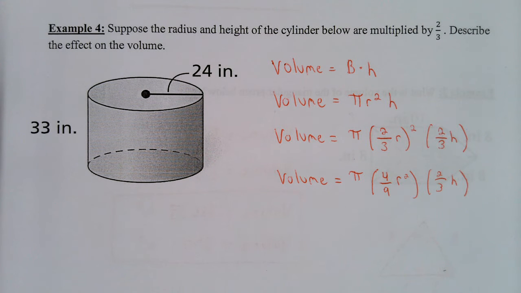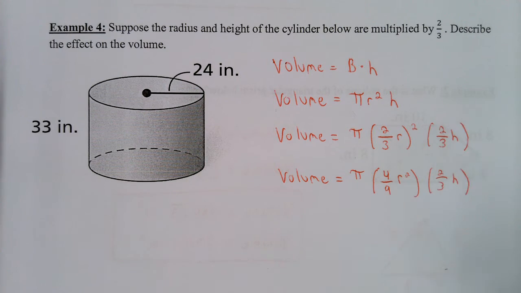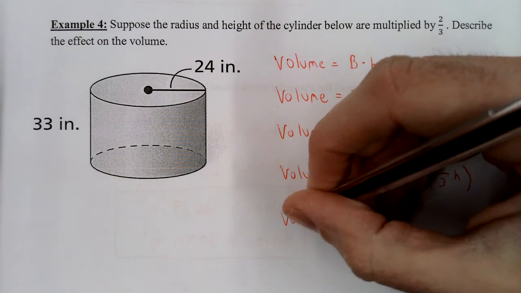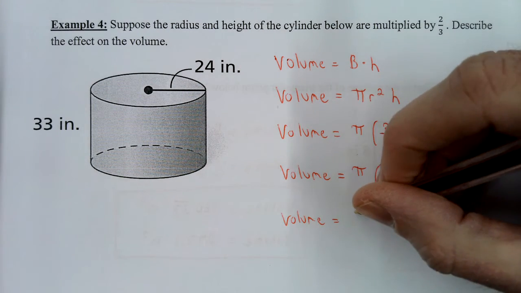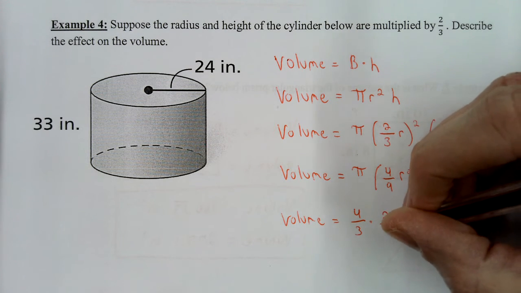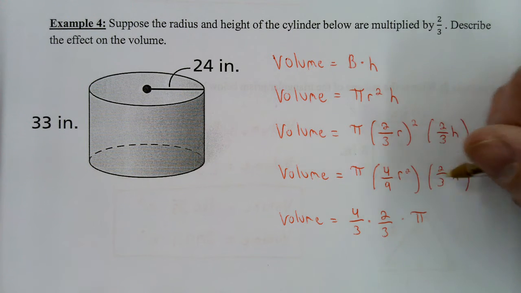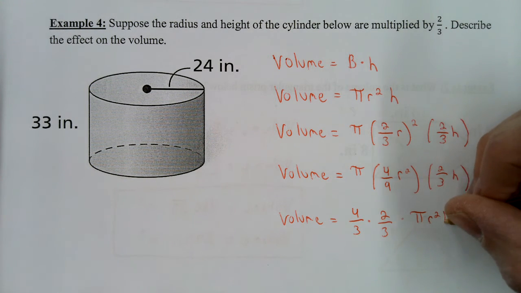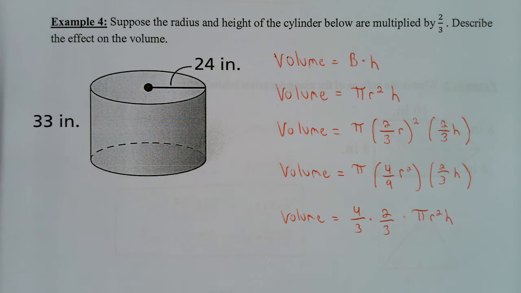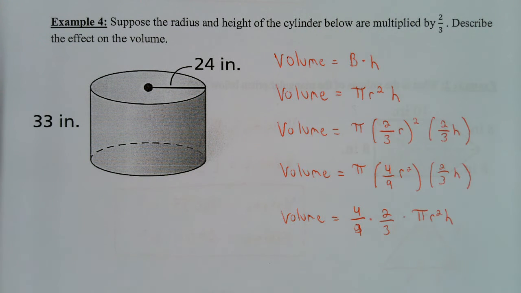For example, 3 times 10 is the same as 10 times 3. So let me rewrite this equation with the numbers out front. Volume equals 4/3 times 2/3 times pi times radius squared times height. Actually, that's 4/9, not 4/3. Let me change that really quick.